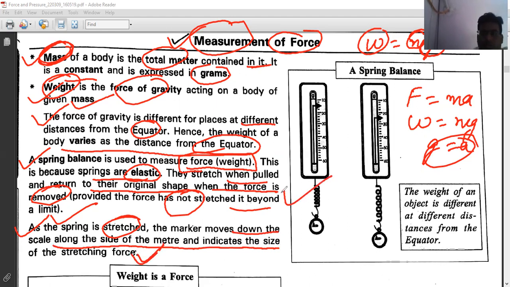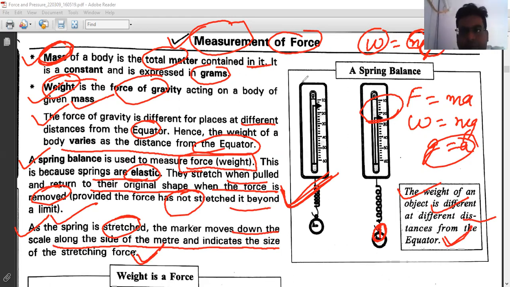So this is your normal spring balance. When it is stretched, we will experience the force of this much. The weight of an object is different at different distances from the equator, right? So this is the main difference between mass and weight, or force and mass.